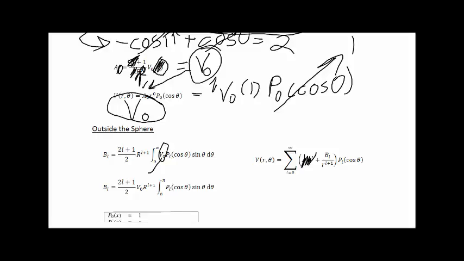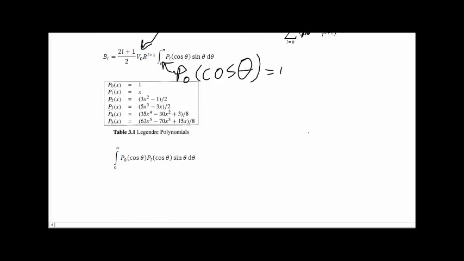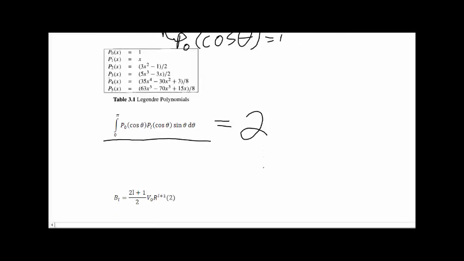You're going to pull the V naught out, shove it over here, and then go through, add in your P naught cosine theta, which of course equals 1. You're going to do that, bring it down into here, get your solution. That's going to equal 2, just like it did in the previous one. So then you're going to wind up with this.